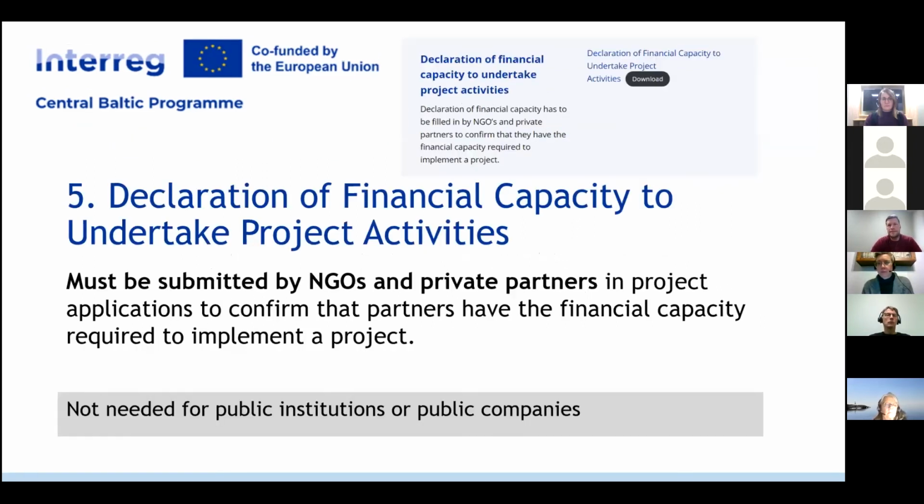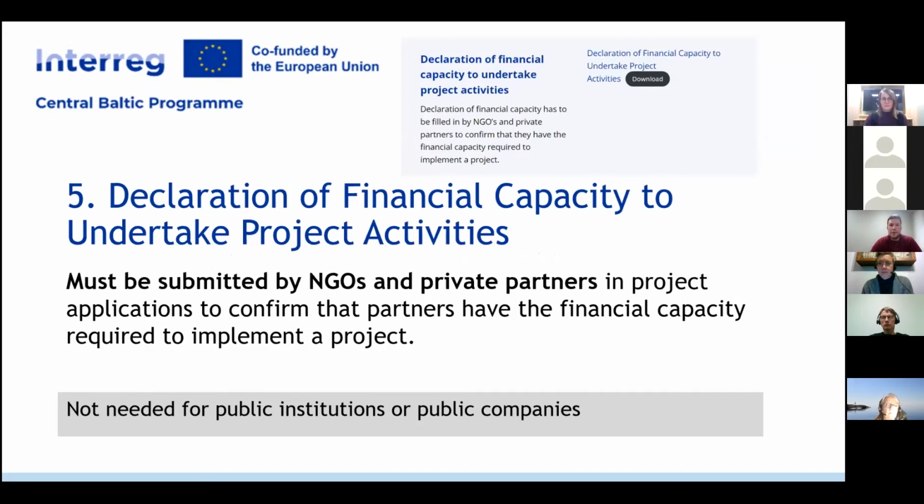Yet another annex to the application form, which as well has a template and is possible to download from the Central Baltic webpage, is a declaration of financial capacity to undertake the project activities.